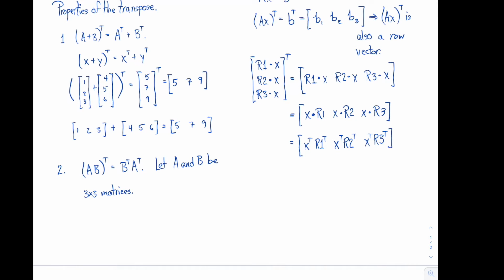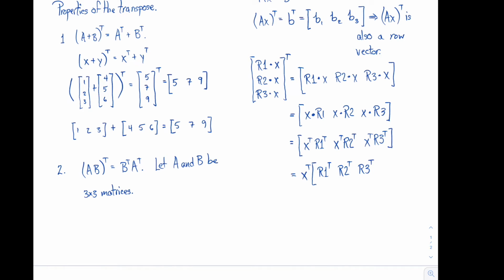Well, let's put this together. We're almost there. This is simply matrix multiplication. And notice that X worked on every single column. So I can write this as X transposed being multiplied by the row times the column. The column is R1 transposed, and this is then R2 transposed.